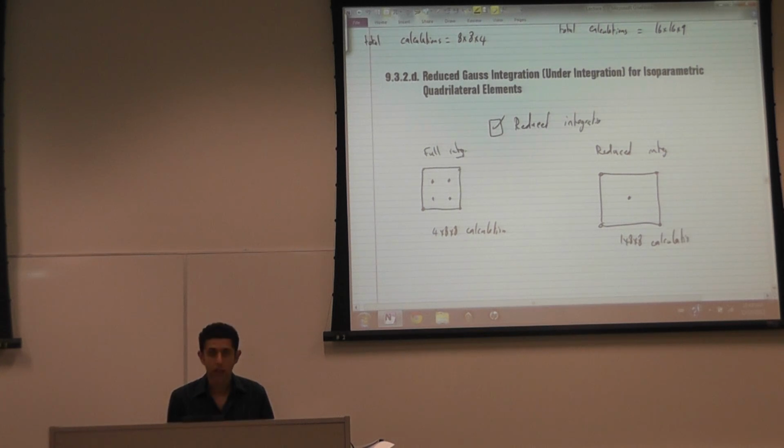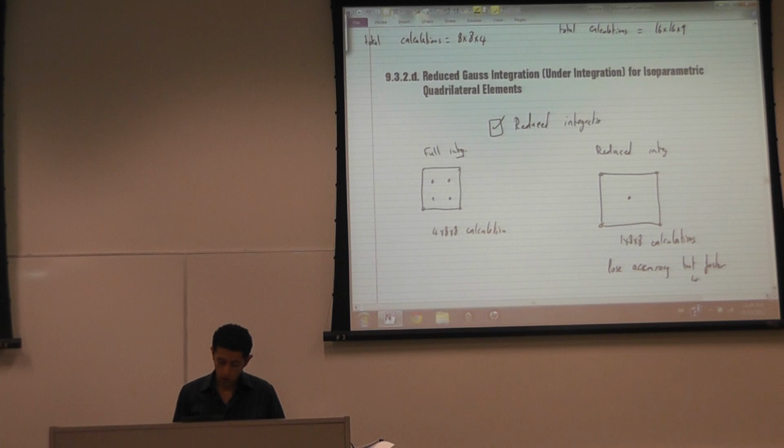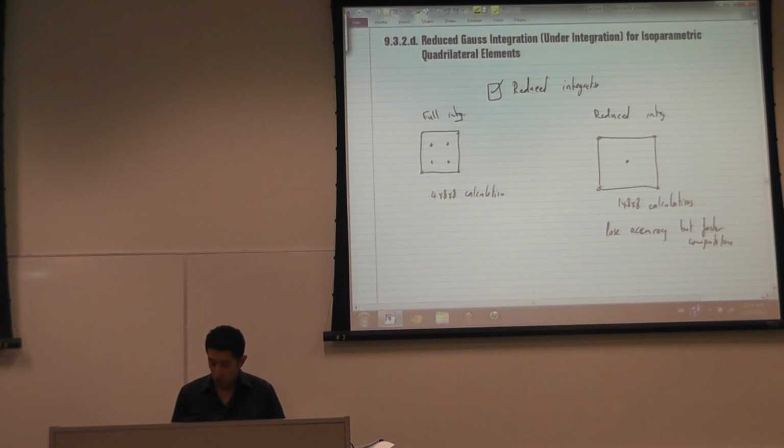And what does it do? For now, all we see is that it reduces the calculations, and of course loses some accuracy, but faster computations, because I've reduced the number of computations 4 times.